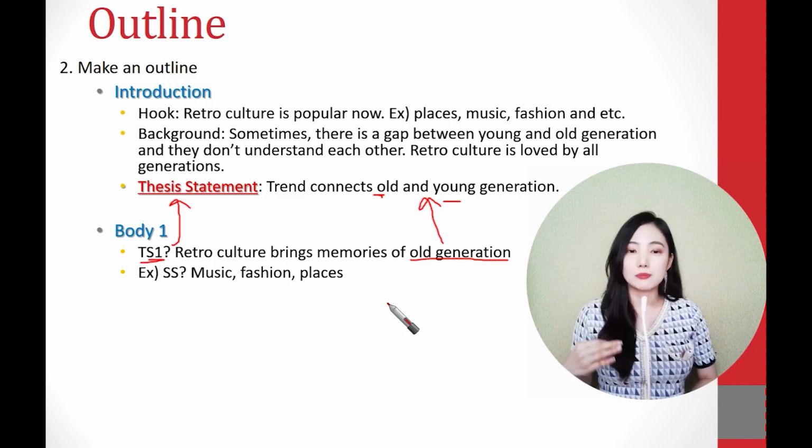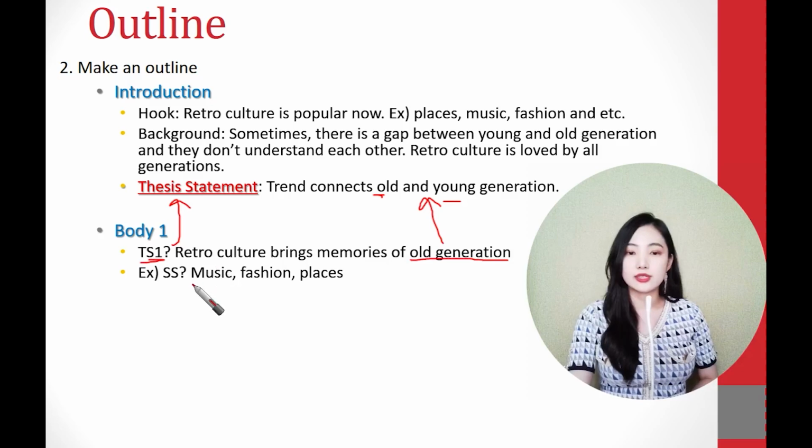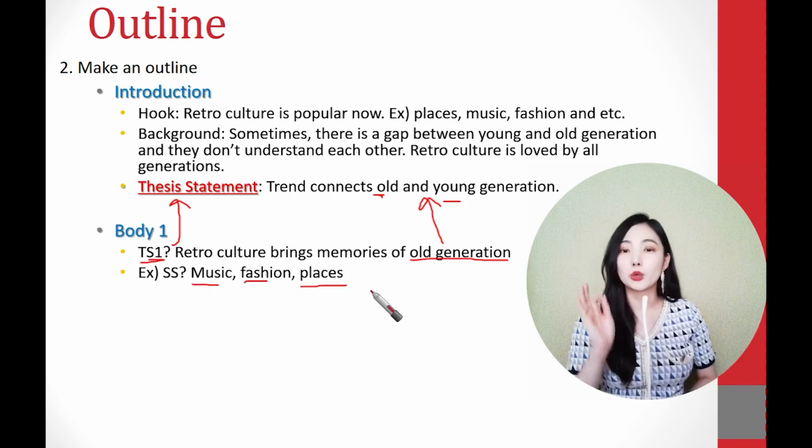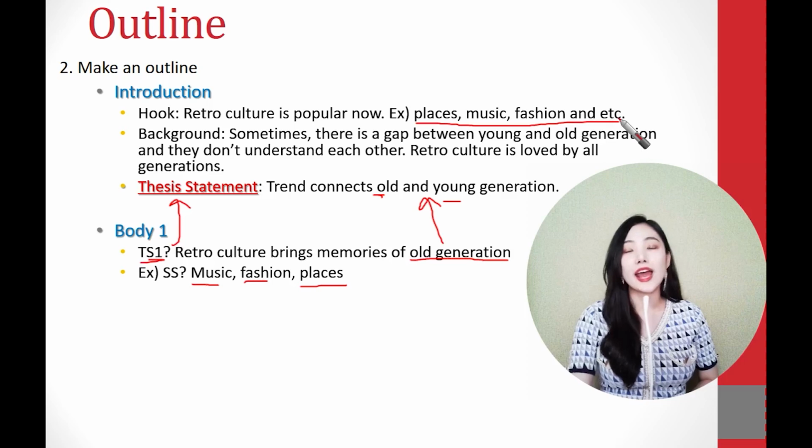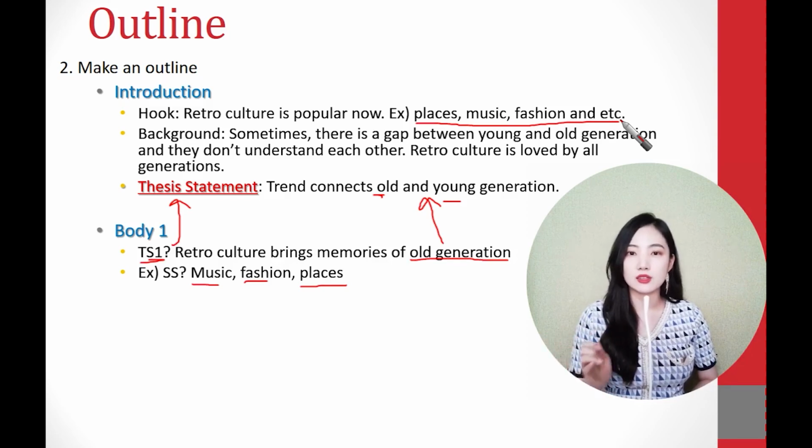Next one, my supporting sentences. I can use examples of music, fashion, places in more detail. In the introduction, when I wrote the hook, I also used these, but I didn't introduce them specifically. I didn't talk about examples like white pants, old pop music, trot, some musician's names, or names of places like Euljiro.